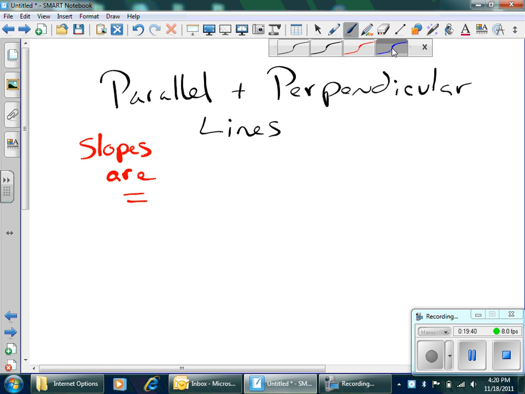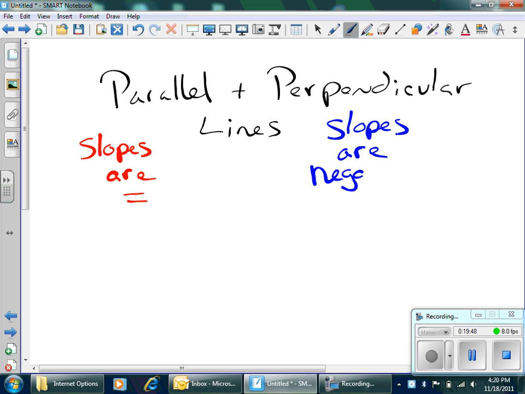But with perpendicular lines, the slopes are negative reciprocals. Okay, so how am I going to use that? Now, by the way, we did some equation writing, and I haven't talked about that yet. I'm going to do it in this section here, and I'll do it a couple different ways.